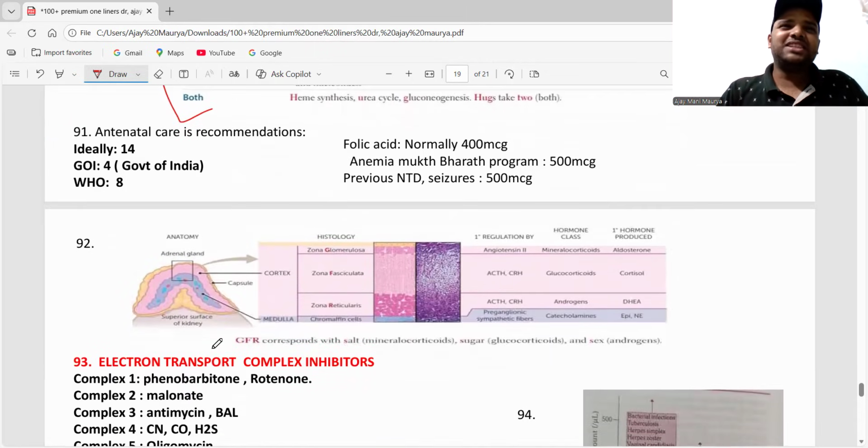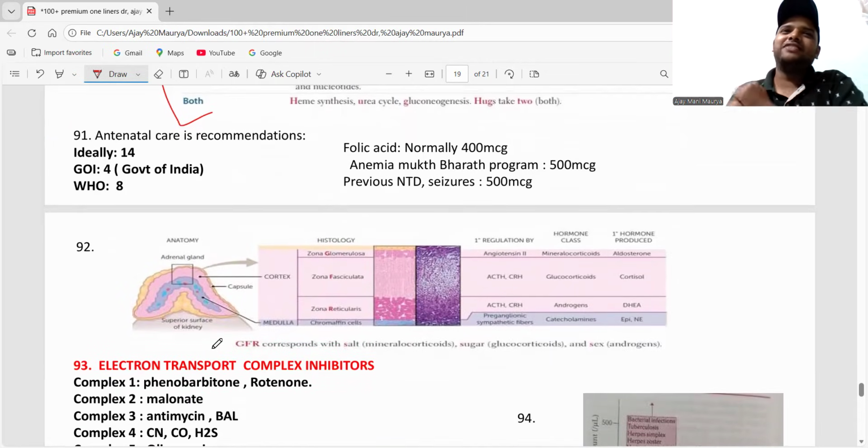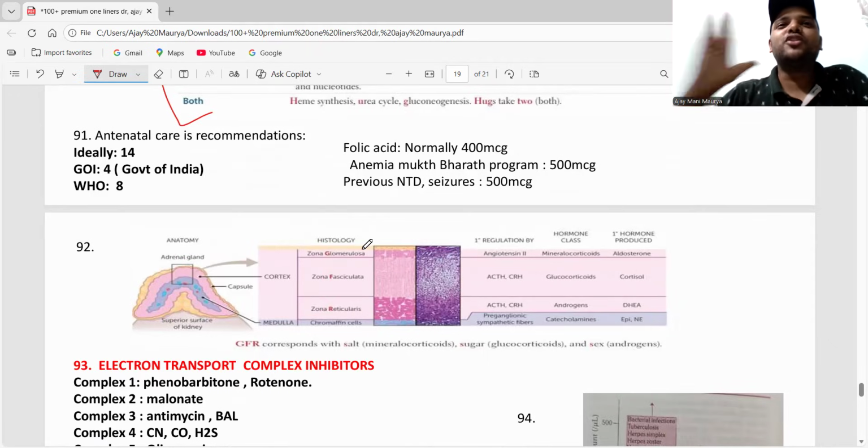Yes, this one is the adrenal gland. We have the adrenal cortex and the adrenal medulla. In the adrenal cortex we have GFR: G for glomerulosa, F for fasciculata, R for reticularis.